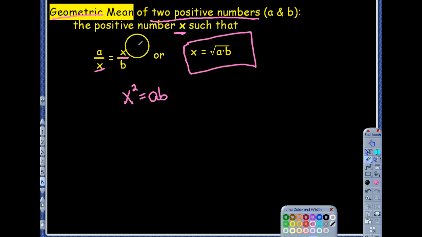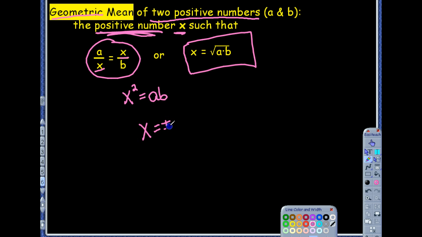Or you could set up the proportion. But yes, you can most certainly use the proportion. It just depends on what you're comfortable with. Something I want to comment on, she mentioned it. Notice that the value of X, it says it's the positive number X. So the last one, when we just solved that proportion, we said plus or minus.